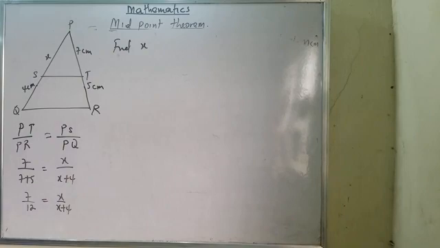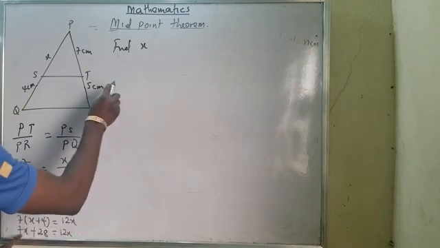Now you move on by solving it in a simple equation form, which I'll have 7 bracket of X plus 4 equals 12X after cross multiplying. Now, 7X plus 28 equals 12X. Can I collect like terms?